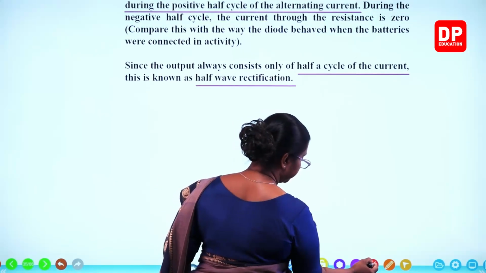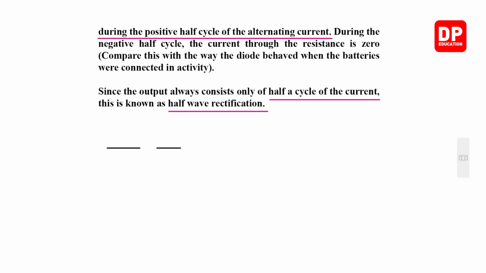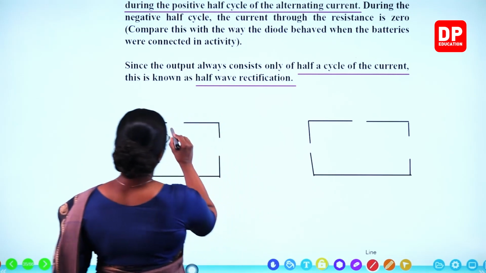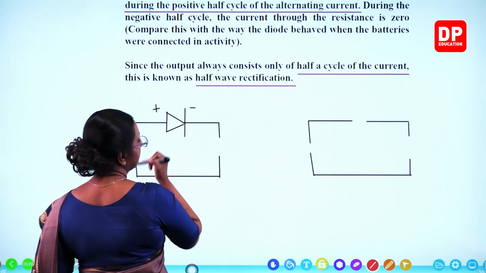So here we connected it in two ways. So here we have the diodes, positive and negative terminals.